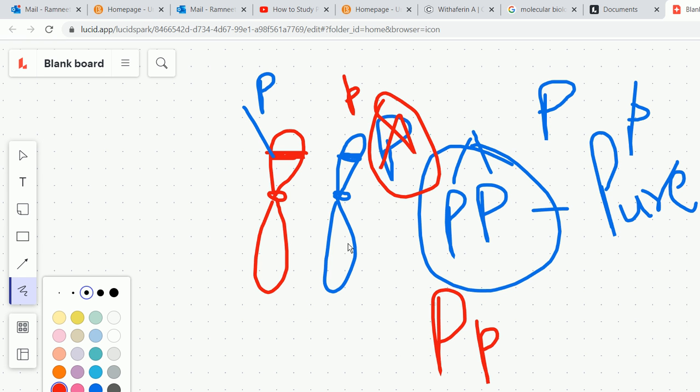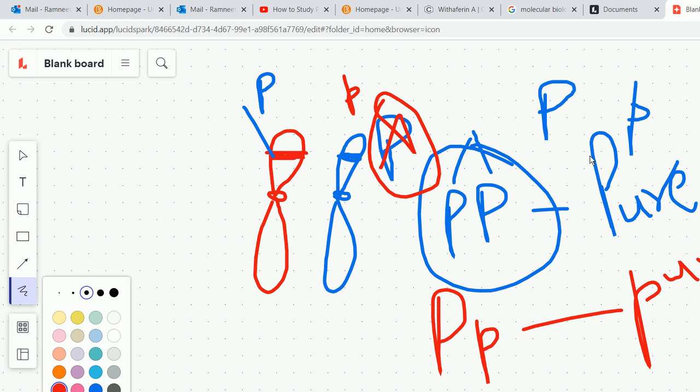The dominant alleles are written with capital letters. So if one allele is capital P, another allele is small p, then what is going to happen? Then this dominant allele is going to show its effect. It is going to express. So in this case also, this flower is purple.